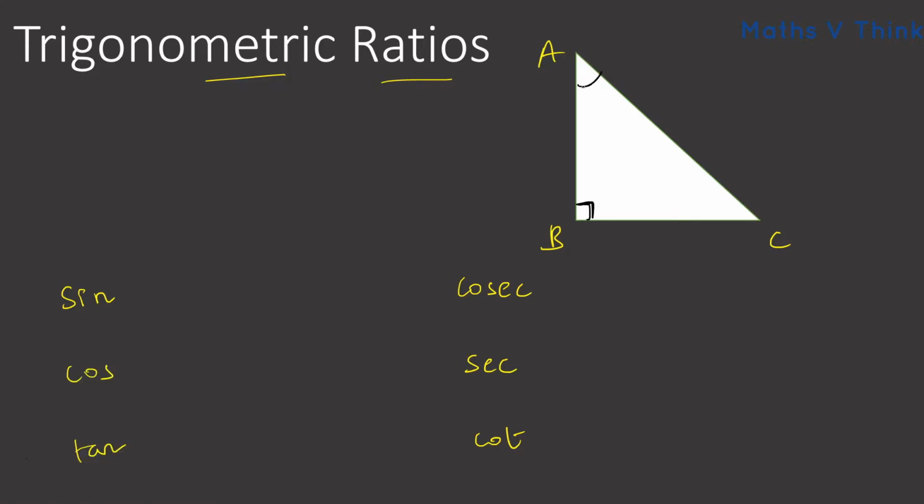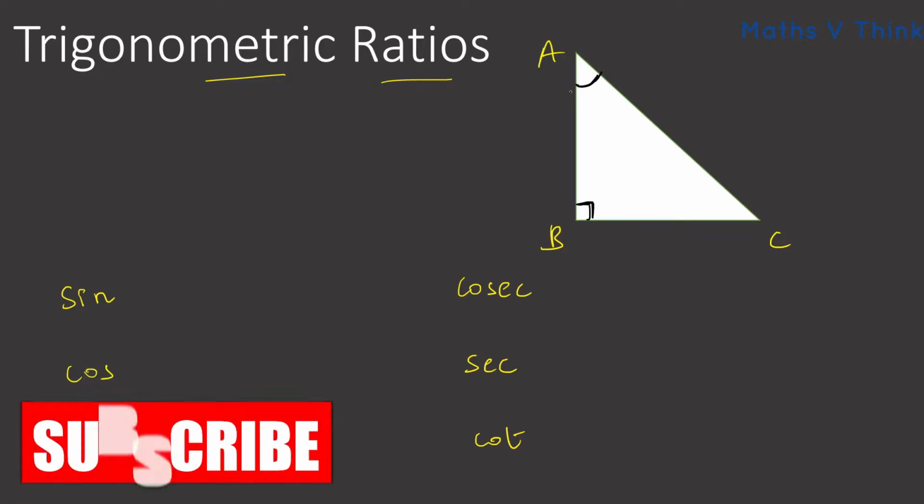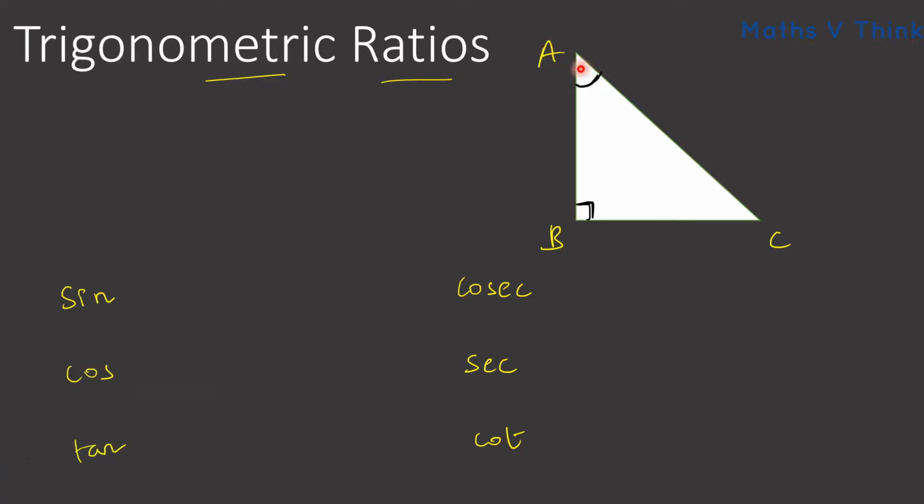Let's take an angle A. For the angle A, the side opposite to the angle A is BC. So this BC is called the opposite side.